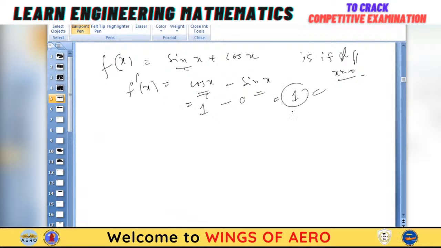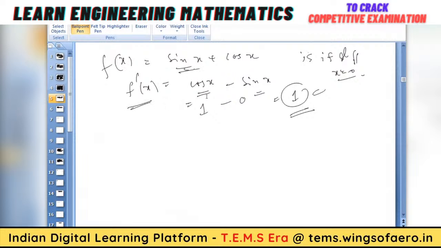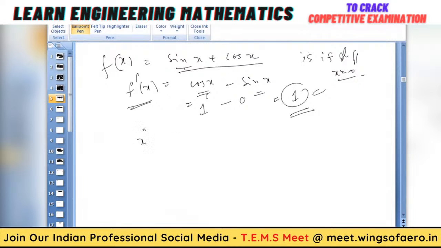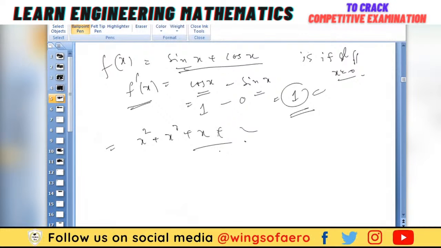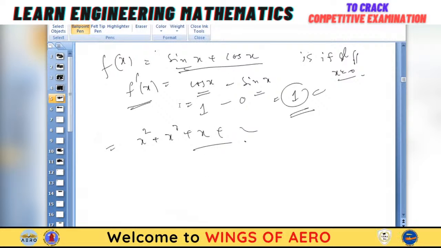Obviously, you are getting a real value of f dash x. So any trigonometric function, or any polynomial function like x square plus x cube plus x plus 1, are all differentiable functions. Remember this. That is why this is a very simple question and it will not be given in the exam.